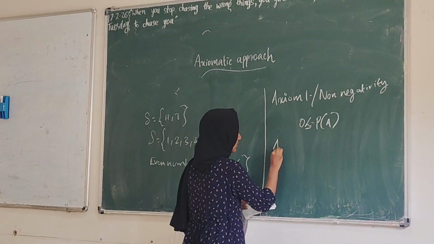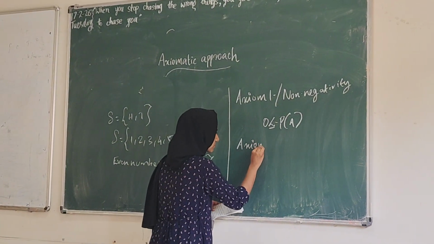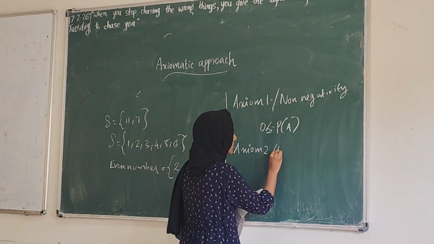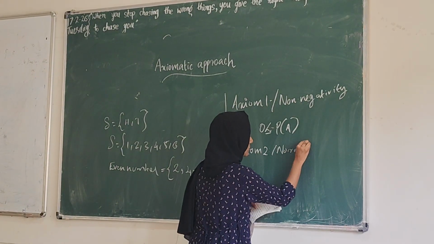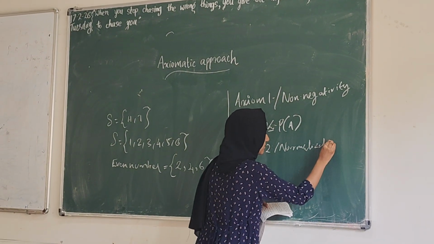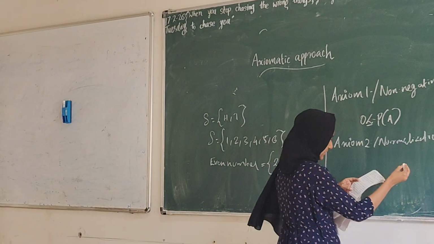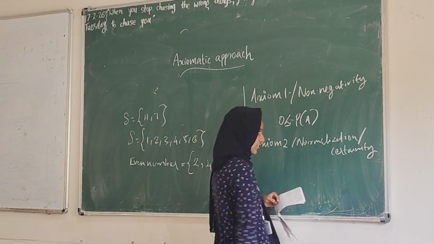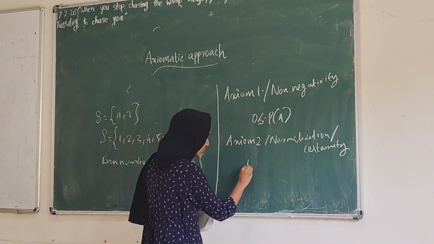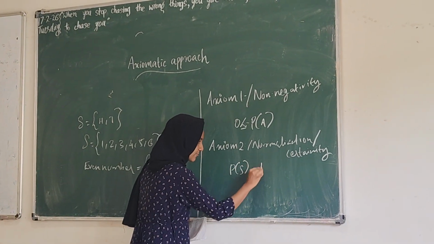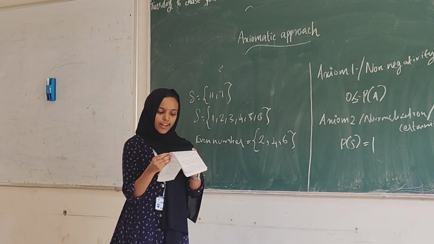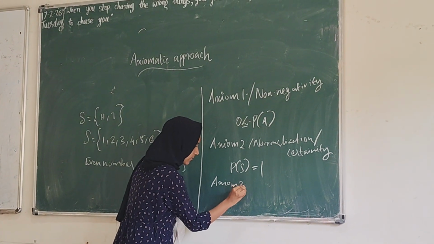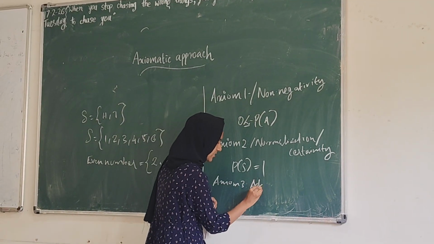The next axiom, axiom 2, we can say is normalization, or also certainty. It means that the probability of the sample space is equal to 1. Then the next axiom, axiom 3, also known as additivity.